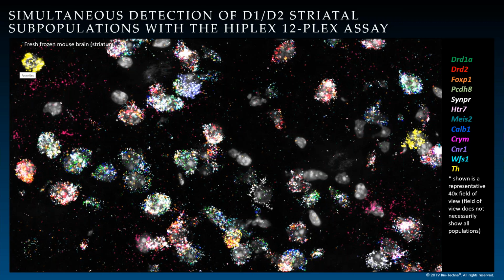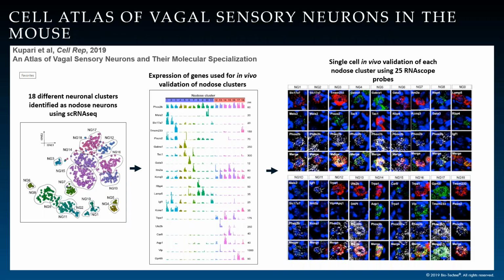So with that, I want to move on to an example which shows you the importance of multiplexing for spatial mapping. Here is an example wherein these researchers published this paper in Cell Reports in 2019, and they were trying to establish a cell atlas for vagal sensory neurons.